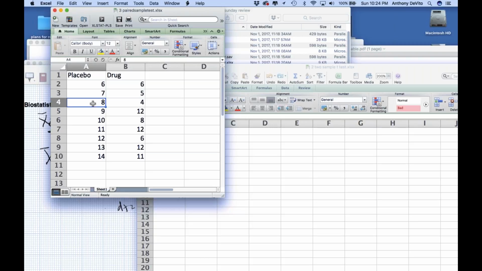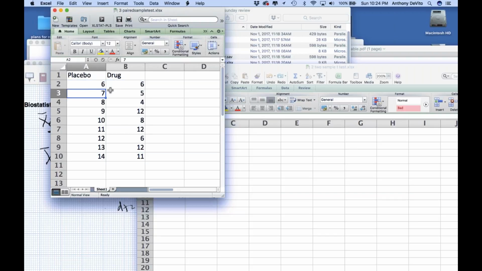This person took the placebo. And by the way, even though they're in the columns of placebo first, drug second, usually when they do a test like this, the order that they give them to the patients in, drug first or placebo first, is randomized, but we're just organizing the data this way. 9, this person actually went up to 12, this person went down to 8. So now, really, we're not interested in comparing. It's not like this is one group of people and we're comparing it to a different group of people.